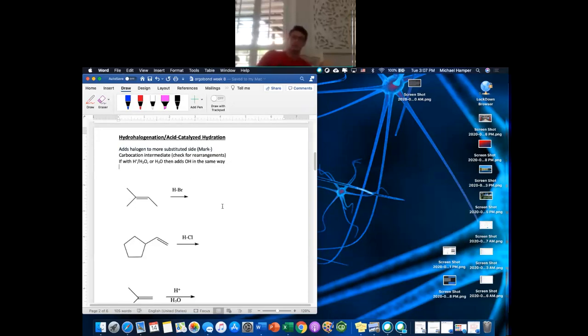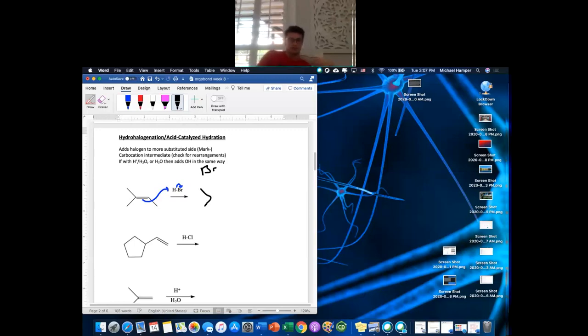And so, using those rules, I'm going to break down this first example. This pi bond's extra electrons are going to attack there. That is going to dissociate, and so you have Br floating around.